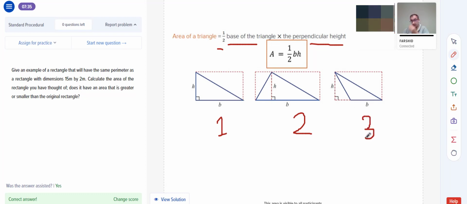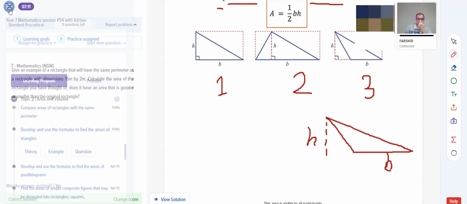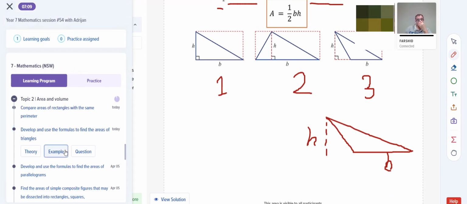And the third image, look at the perpendicular height and the base. So if you have something like this, the perpendicular height is here, and this one is base. Good job.